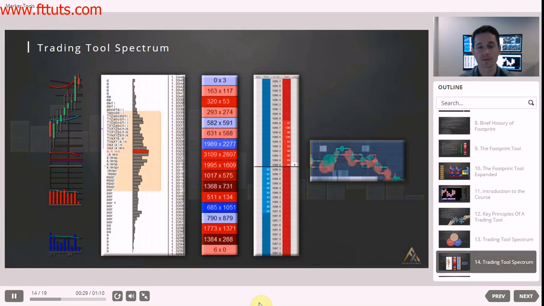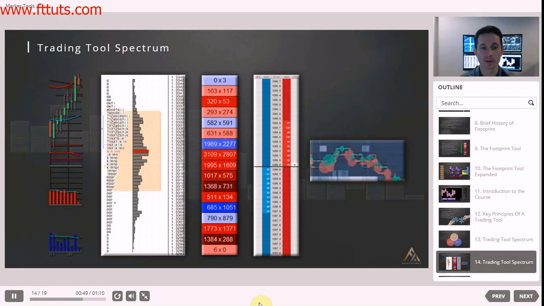In other words, the information is not that it's not important, but it's no longer leading information. The problem with lagging information is that the market has already had time to absorb and act upon that information. What we can see in terms of the most lagging are traditional candlesticks.